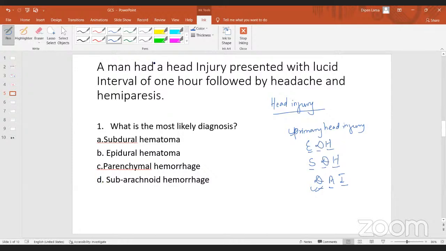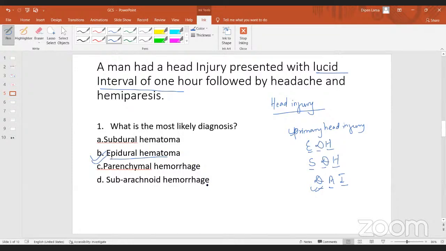The question says present with lucid interval. Here's the hint: lucid interval of 1 hour followed by headache and hemiparesis. If there is a lucid interval, the answer is always epidural hematoma. So the answer is epidural hematoma or extradural hemorrhage, EDH.